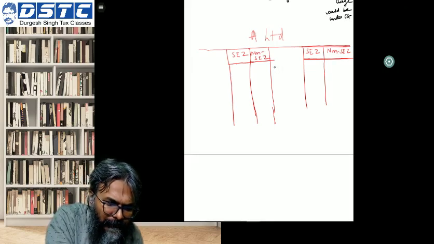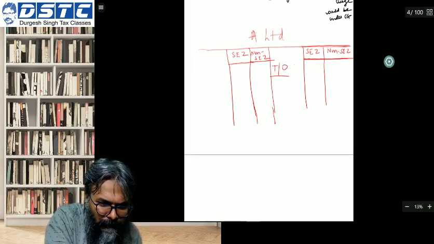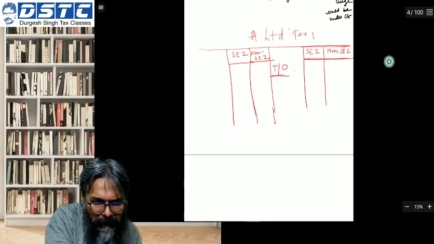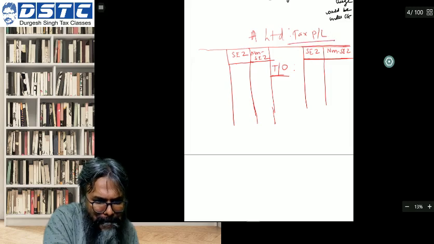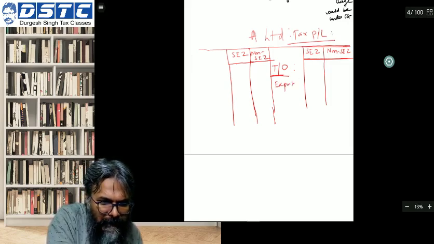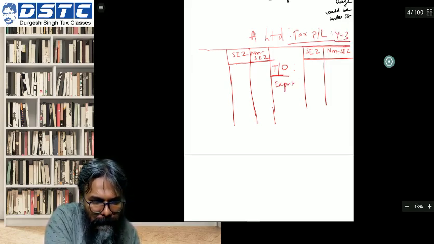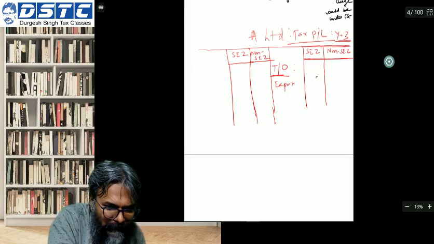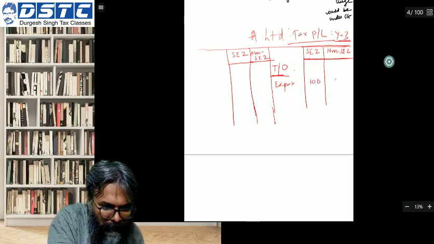So herein the turnover, this is your tax PNL, say for example, and say this is year 3, the third year. Export is say 100, this is 20 for non-SEZ.